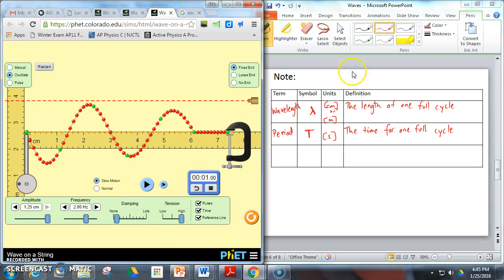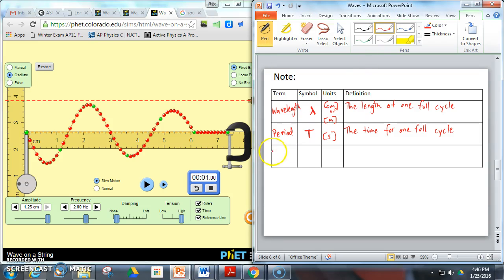So there's a word that's used in physics called frequency. And it's given symbol F. And frequency is how many cycles occur in 1 second.